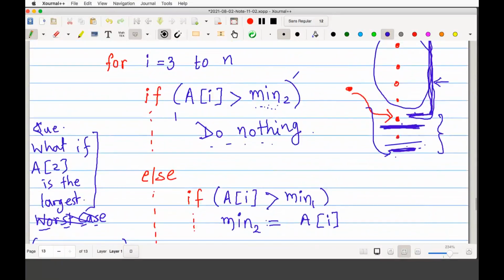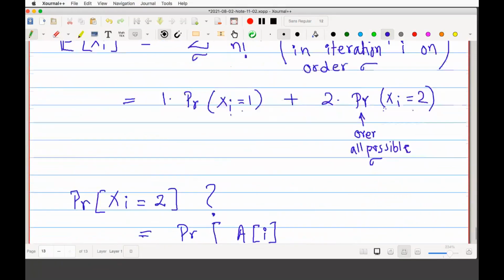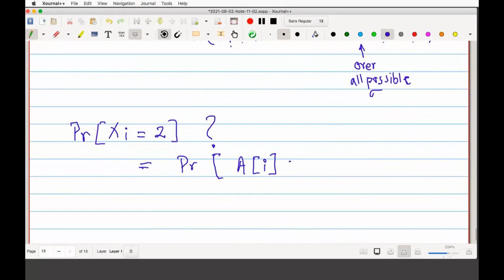If we go back to the algorithm, you make two comparisons in the else case, and the else case means AI is less than or equal to the second minimum. So let's write this: AI is less than the second minimum of A1 till A(I minus 1), the elements seen so far.